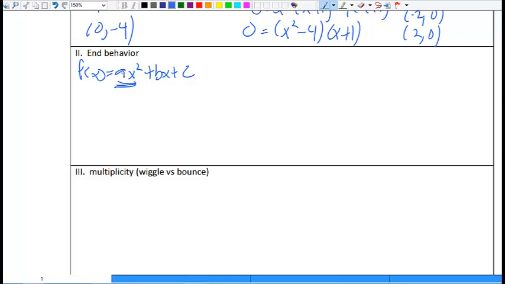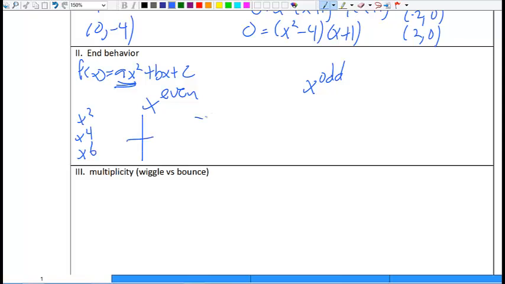Okay, and there's two types of patterns that it could be. The leading term could be something to an even power, or the leading term could be something to an odd power. Okay, and even powers like x squared, x to the 4th, x to the 6th, stuff like that.